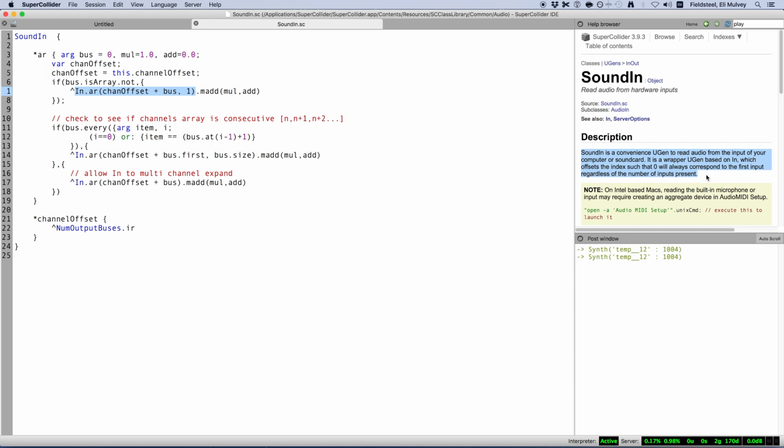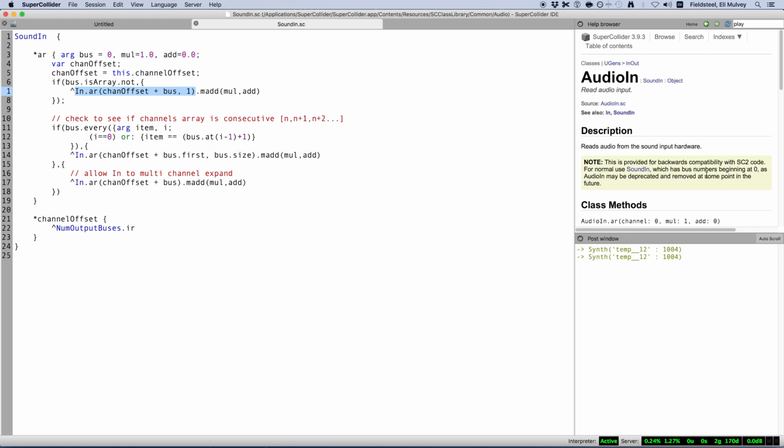So here's the next point I want to make. At some point during your SuperCollider travels, you might encounter a UGen called AudioIn, which at first glance looks like a doppelganger of SoundIn. Well, AudioIn is actually a much older UGen, dating all the way back to SuperCollider version 2, as you can see in the help file.